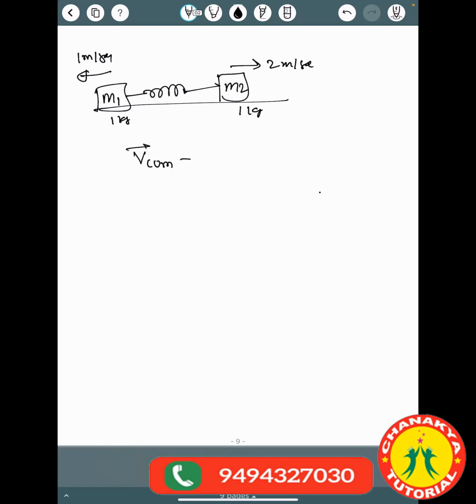So what you have to do: m1 v1, 1 into 2, they are in the plus direction, minus 1 into 1, they are in the minus direction, so I just kept minus, divided by total mass 2. So it is 1 by 2 meter per second. Now you understood? Yes, sir.